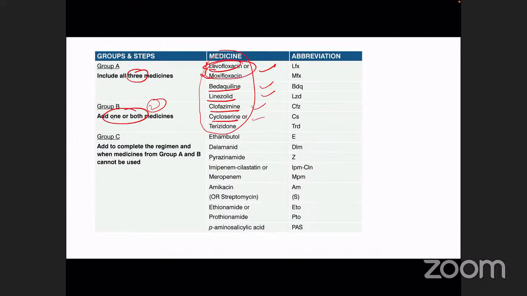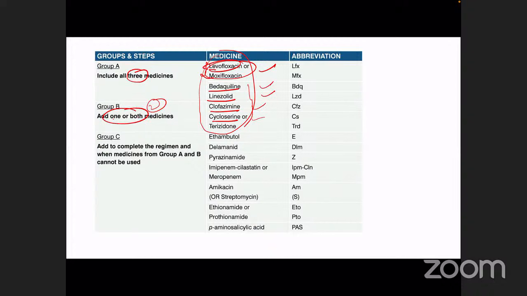So the basic rule is that 5 drugs have to be there. But remember, the grouping of these drugs is based on their efficacy. So group A has maximum efficacy, followed by group B, followed by group C. So as the number of drugs from group A and group B decreases, the efficacy of the regimen decreases without any doubt.